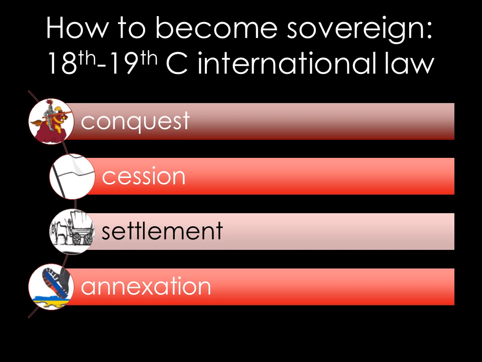So you can contrast this idea with conquest and cession, which assume that there is an existing sovereign entity in the territory. So settlement presupposes that there is no existing sovereign. And finally there's annexation, which is another form of, I guess, political taking over of a territory accompanied by use of force.